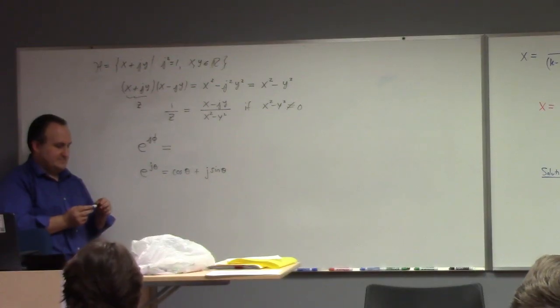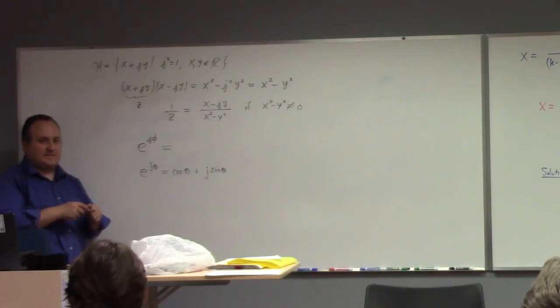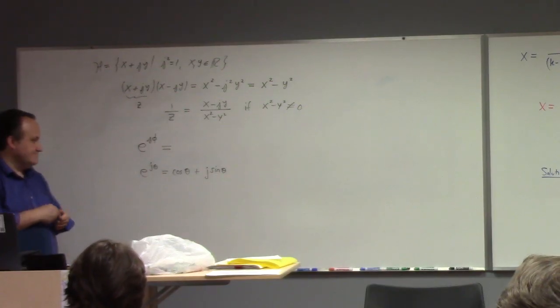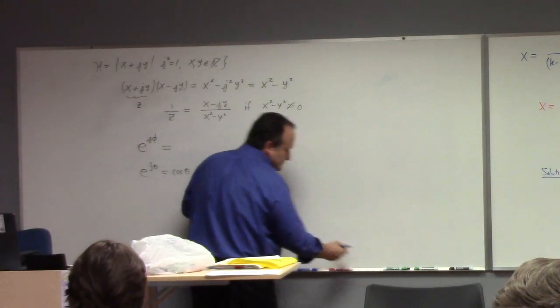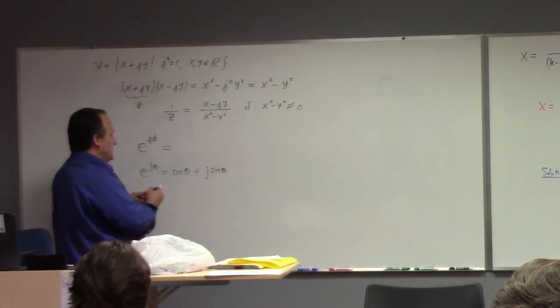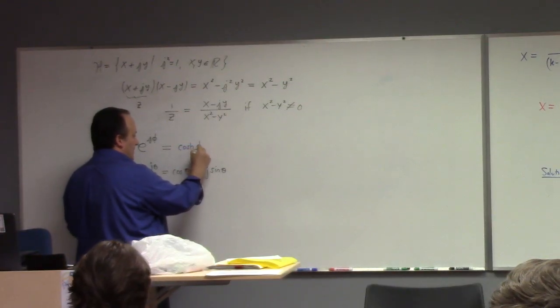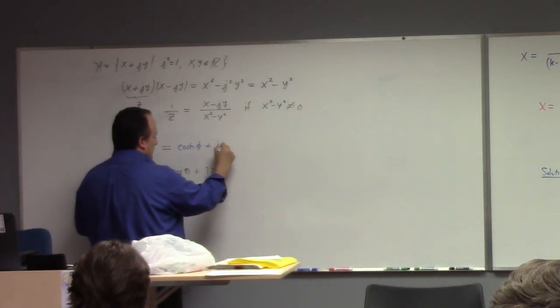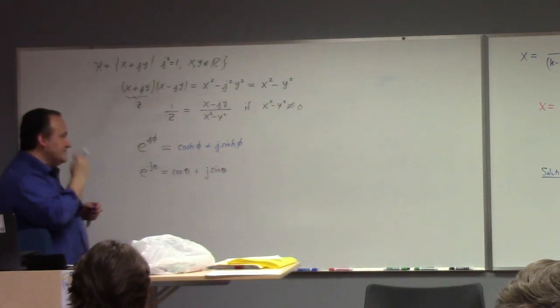Cosine theta minus j sine theta? Nope. It's not sines and cosines. It turns out it's cosh and sinh, right?